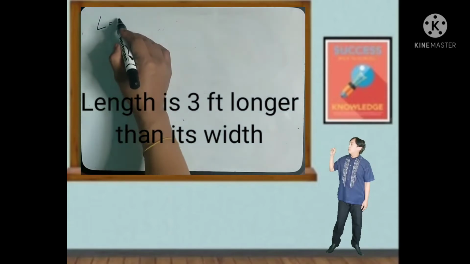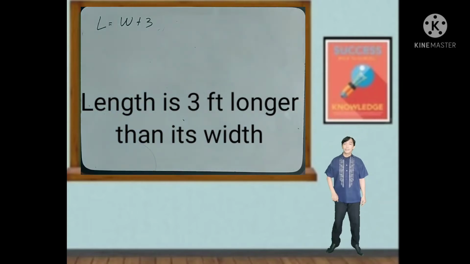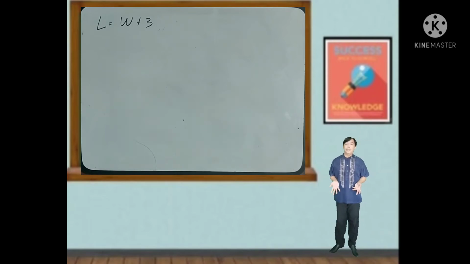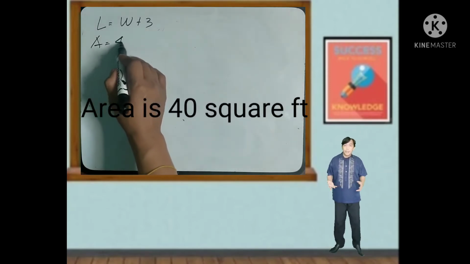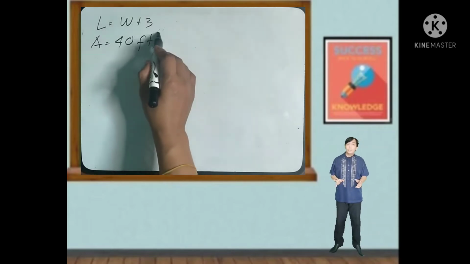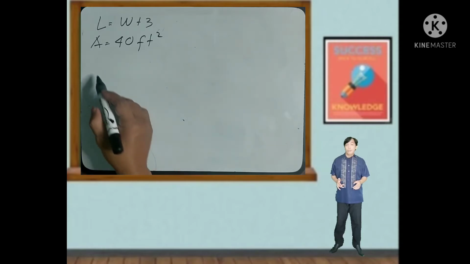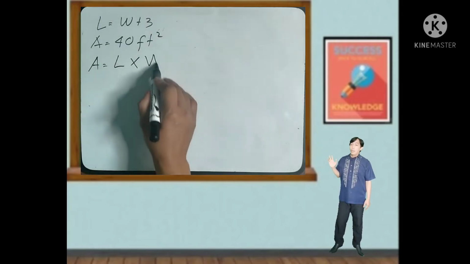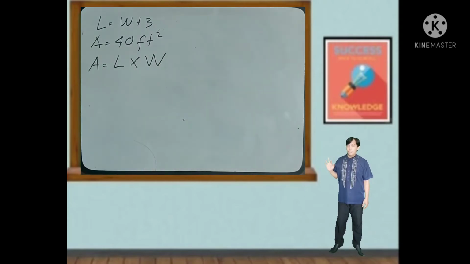So we may say that L is equal to width plus 3, or W plus 3. Then we have here the area, which is equal to 40 square feet. So let us now try to solve. Since the formula of the area is length times width, we have the value of the area, which is 40.